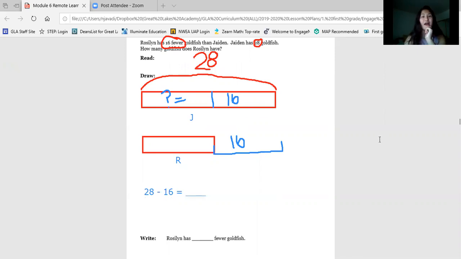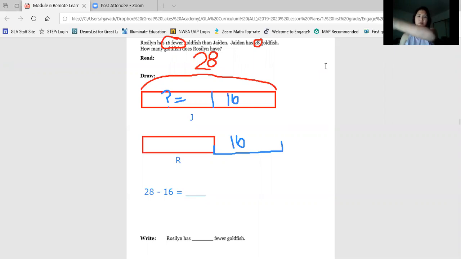On your page, go ahead and solve this number sentence, either counting down or counting up. Yesterday, since I grabbed the part and counted up, today I'm going to count down. So let's try it together. Let's grab 28 and count down 16 times.